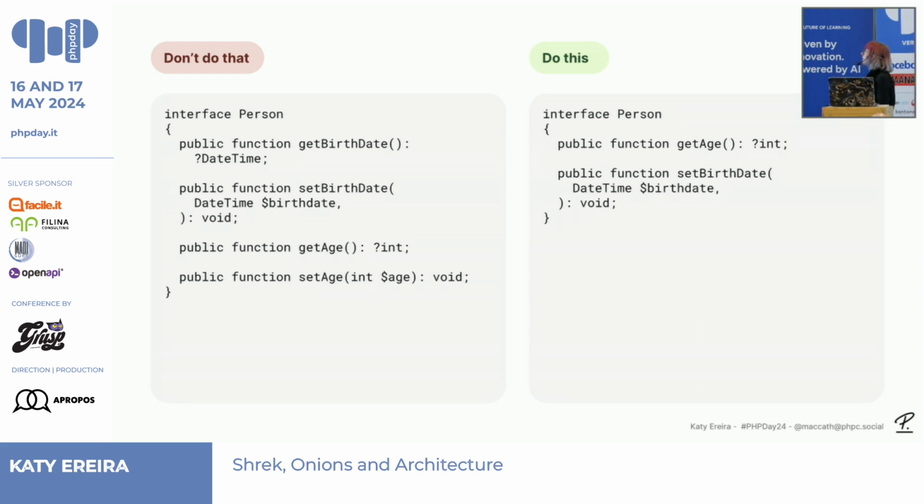In this case, we can set the birth date and that will determine your age. You can't set your age, but you also can't get your birth date, because maybe we don't want to expose that data. If we're running a social media platform, you don't necessarily want people to access someone's actual birth date because it's private information, but you can at least tell them the age. So it's reducing the number of places where this data can be accessed.